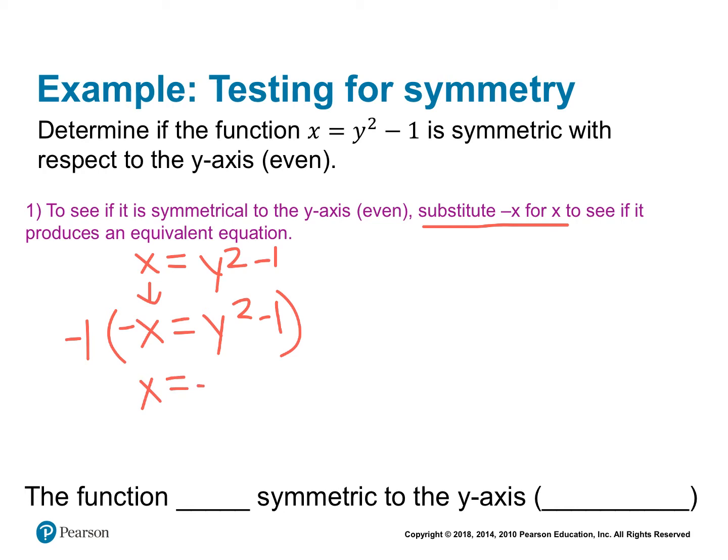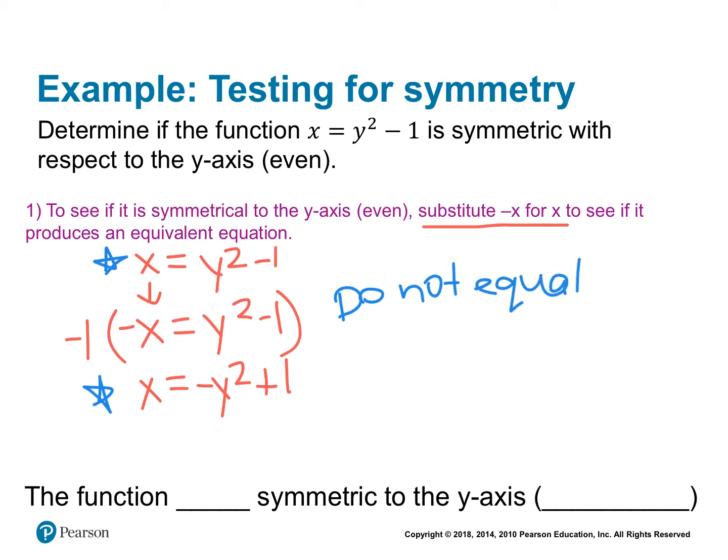But you would end up with negative y squared plus 1. So this top one and the new one do not equal each other. So the function is not symmetric to the y-axis, so it is not even.